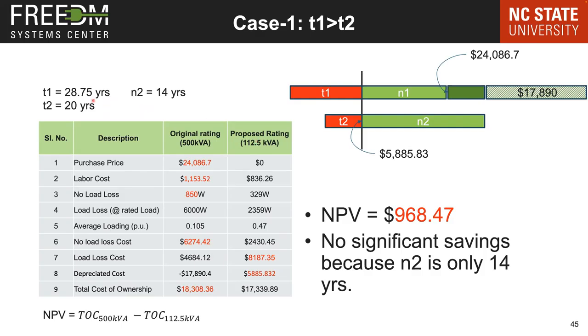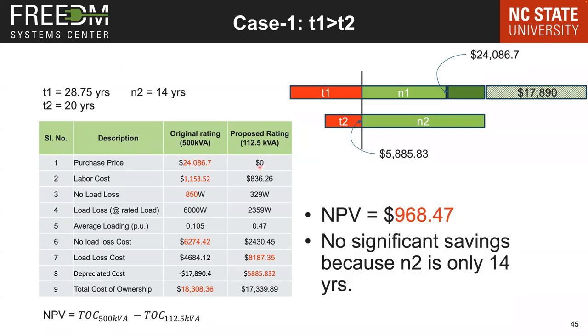And you can see N2 is 14 years. And that's because we assume that T1 is greater than T2. We don't purchase this replacement transformer because it's already available in stock. But then there is a depreciated cost for this because you already purchased it a few years back, 20 years back. So this is the actual cost of this transformer right now.